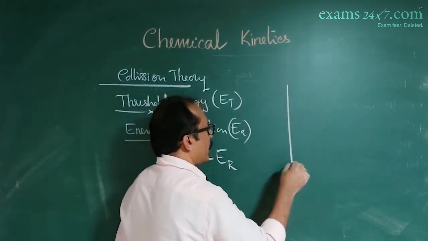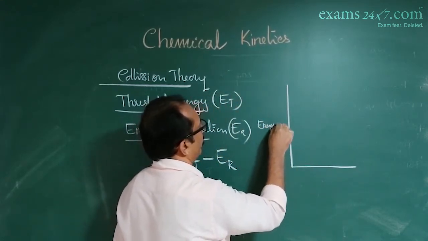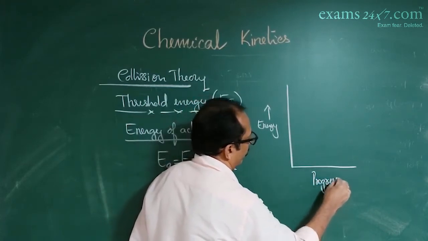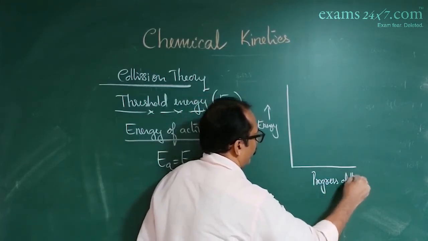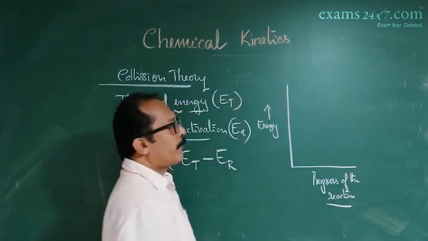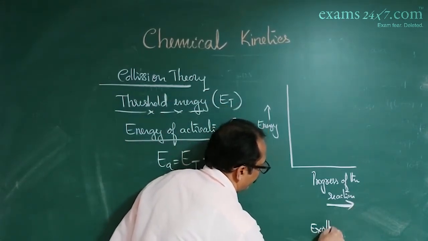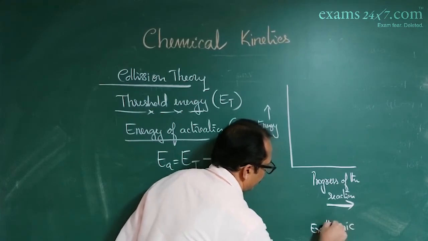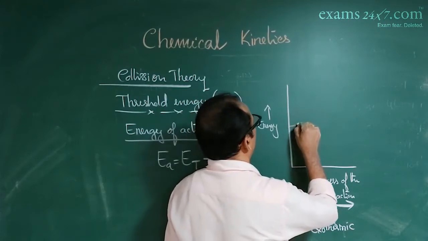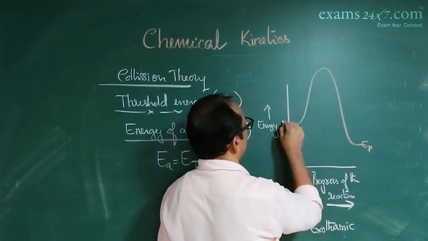Just observe this plot, energy versus progress of the reaction. For exothermic reaction, in exothermic reaction, energy of product is less than the energy of reactant.